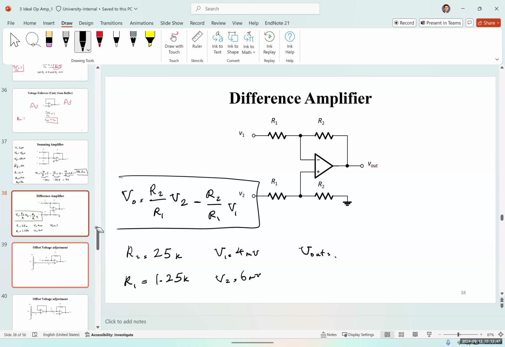So V out would be R2 over R1, so 25K over 1.25K times V2, which is 6 millivolts, minus again 25K over 1.25K times 4 millivolts.